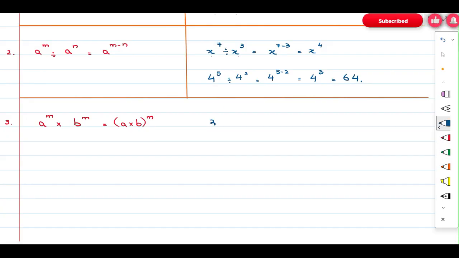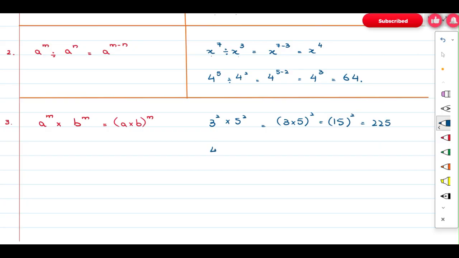If I have 3 to the power 2 multiplied by 5 to the power 2, the bases are different and the powers are the same, so it is 3 times 5, all squared, or 15 squared, and the square of 15 is 225. You must know the squares of the first 20 numbers, and the cubes of the first 10 numbers, because this will help you in your non-calculator exam.